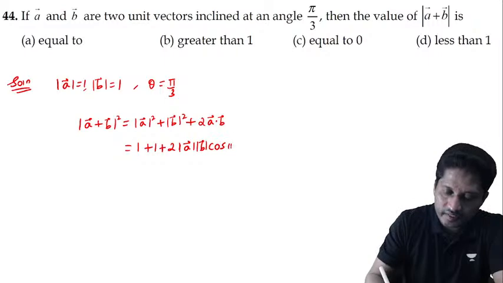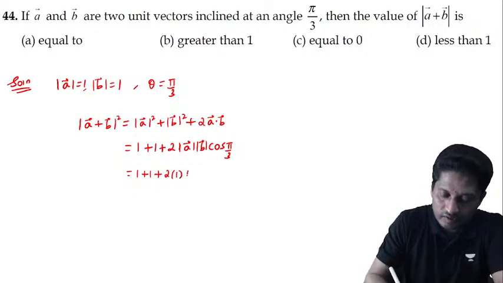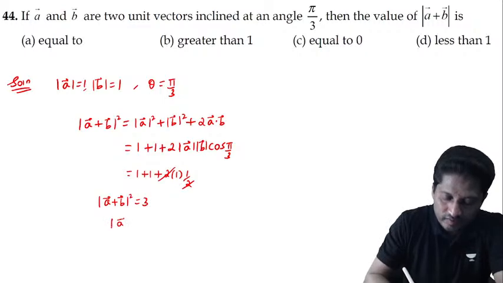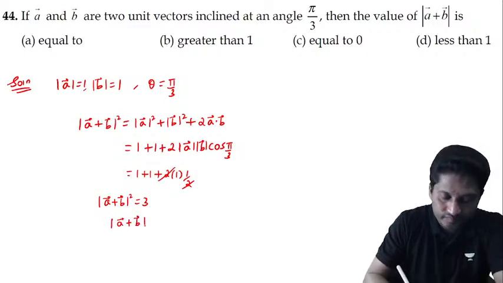And theta is pi by 3, right? So I'll substitute here. 1 plus 1 plus 2 into 1, and cos 60 is half. This will cancel. Mod of A plus B the whole square is equal to 3. So if I take the square root, modulus of A plus B is equal to root 3.